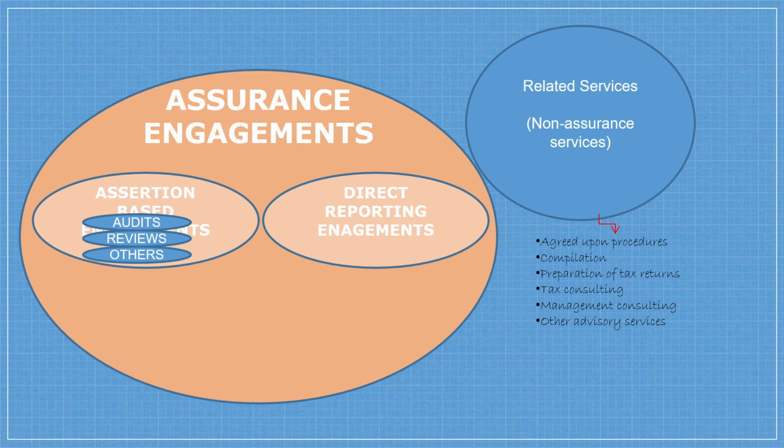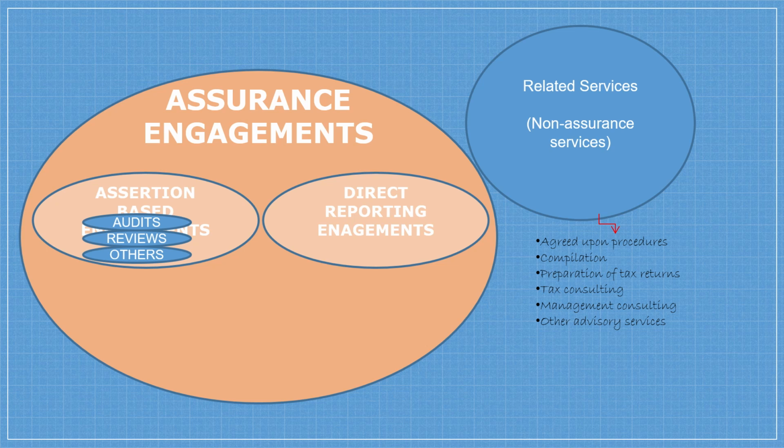While the procedures are audit in nature, the practitioner does not give any assurance at all. The report of the practitioner comes in the form of a report of factual findings. That's the report. It's called Report of Factual Findings, where the practitioner simply outlines, lists, communicates to the readers what the practitioner was able to find.